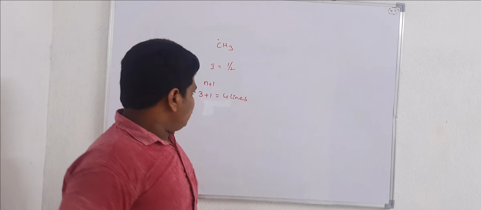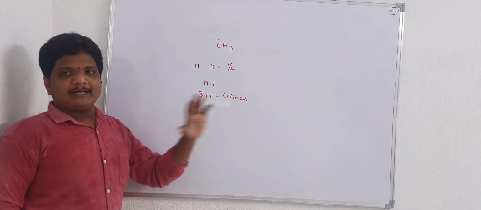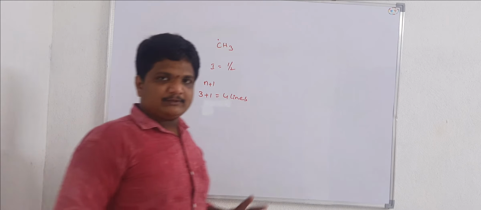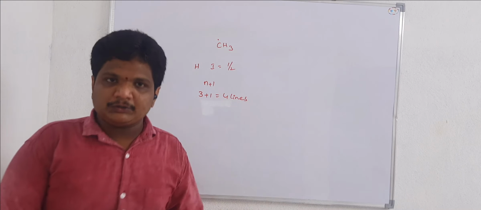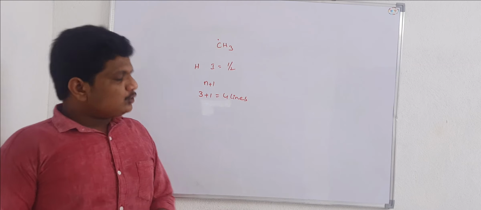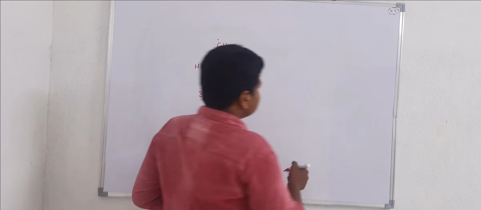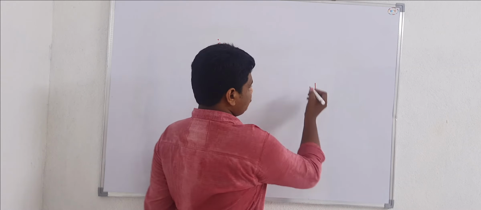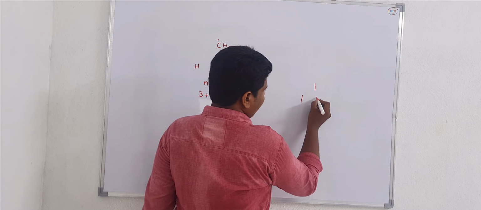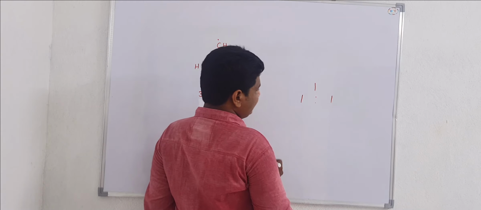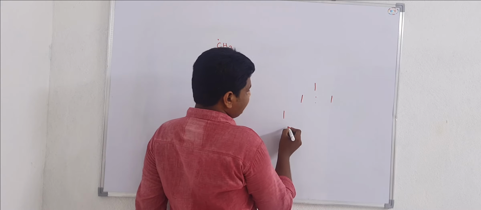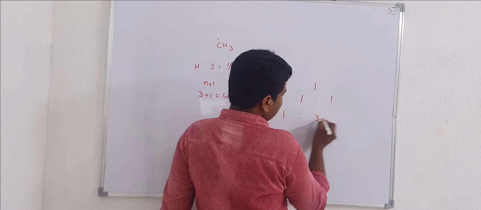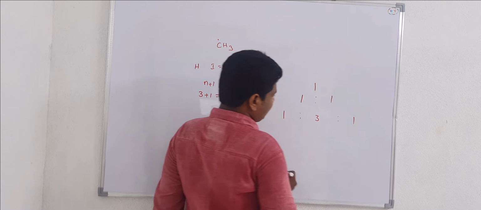For the intensity of these 4 lines, it follows the Pascal triangle. According to the Pascal triangle, if you get 1 peak, that is 1. If you get 2 peaks, the intensity ratio is 1:1. If you get 3 peaks, the ratio is 1:2:1.